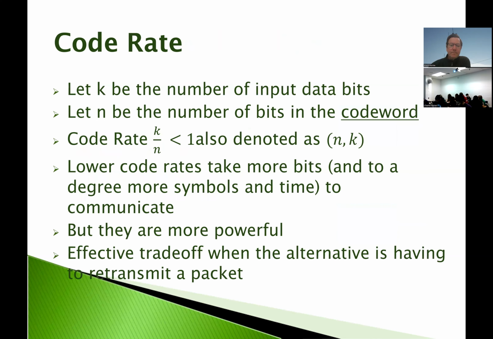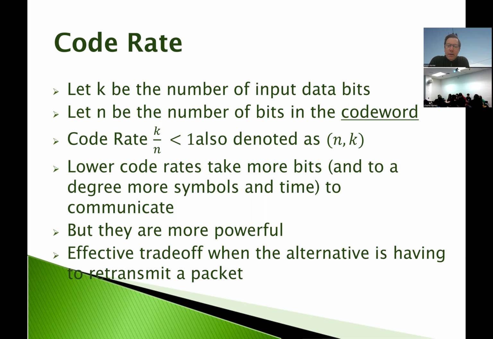All right, so code rate is a very important concept, and it's a ratio of the number of input bits to the number of bits in our code word. Our code word is what's going to include all of these error control bits, these redundant bits. Generally N, the length of the code word, is greater than K, the number of message bits, and it has to be.